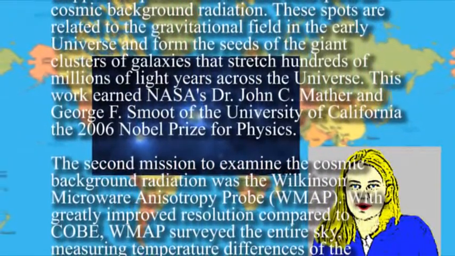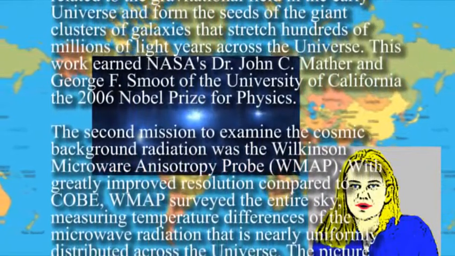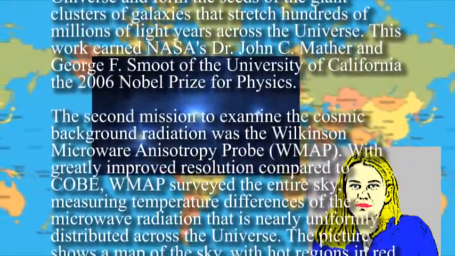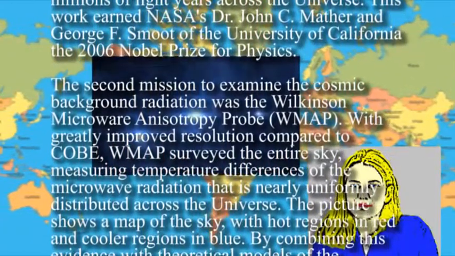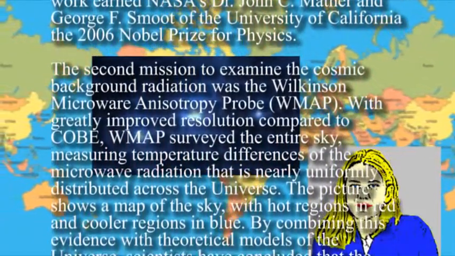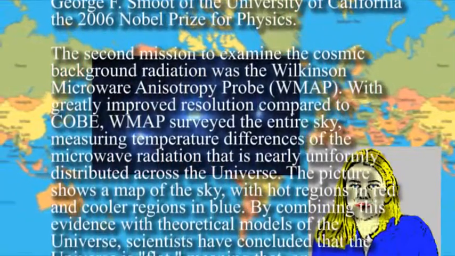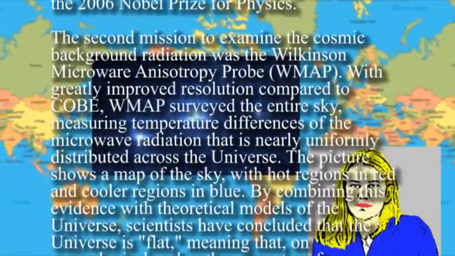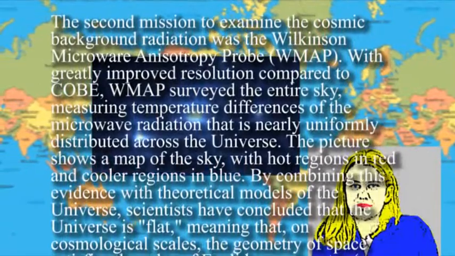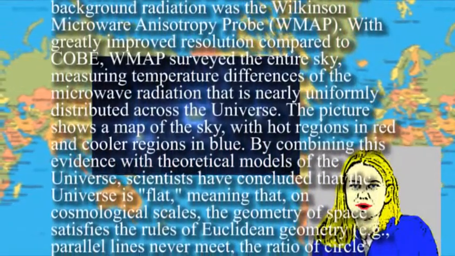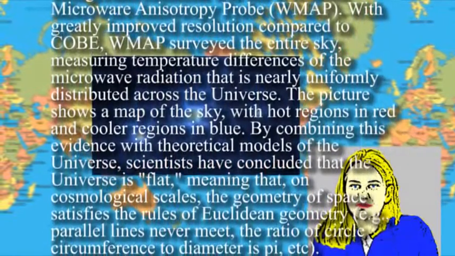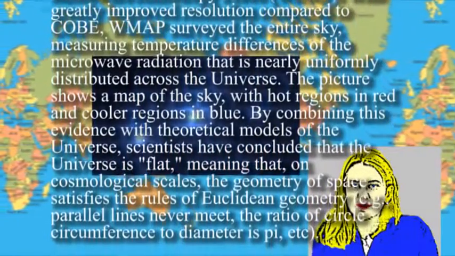The second mission to examine the cosmic background radiation was the Wilkinson Microwave Anisotropy Probe, WMAP. With greatly improved resolution compared to COBE, WMAP surveyed the entire sky, measuring temperature differences of the microwave radiation that is nearly uniformly distributed across the universe. The picture shows a map of the sky, with hot regions in red and cooler regions in blue.